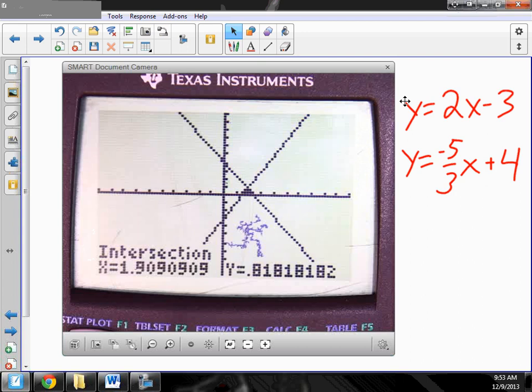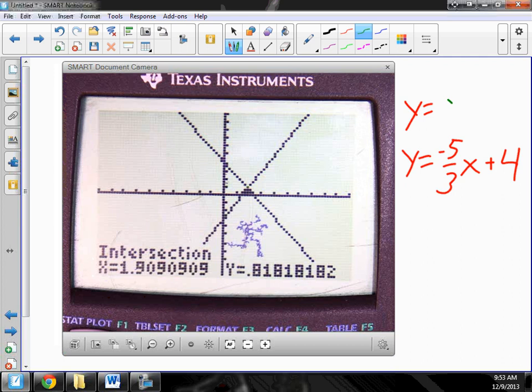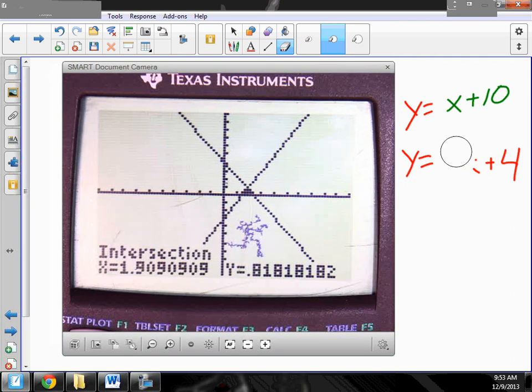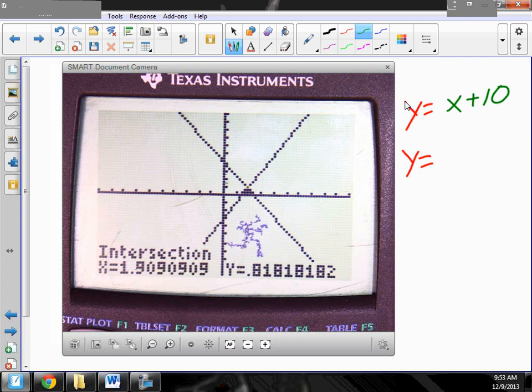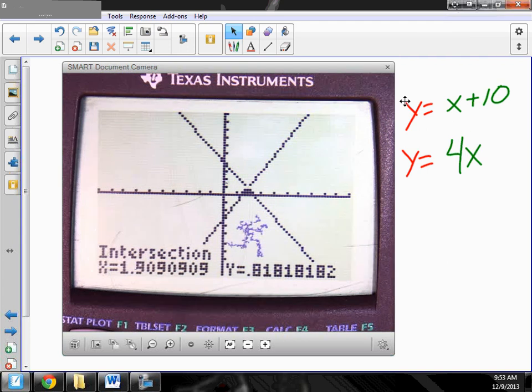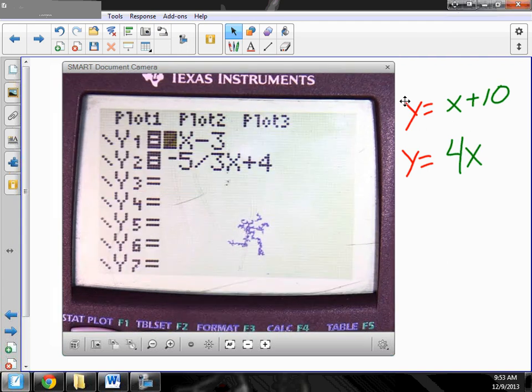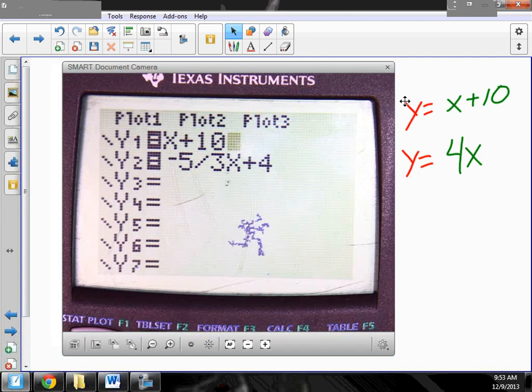Okay? That's pretty nice. All right, what if we had something like y equals x plus 10 and y equals 4x? So we go in x plus 10 and 4x.